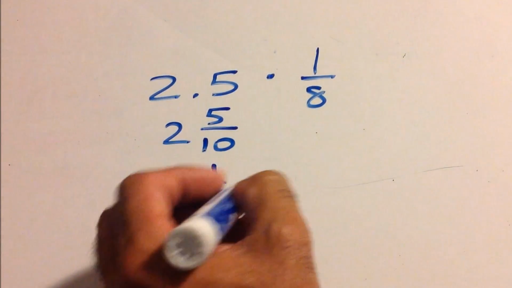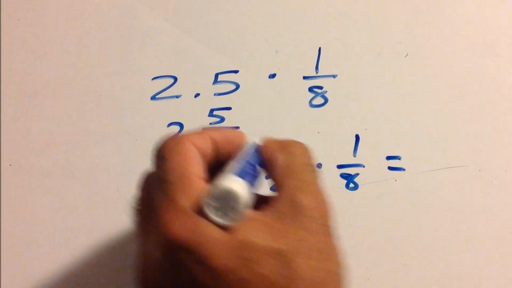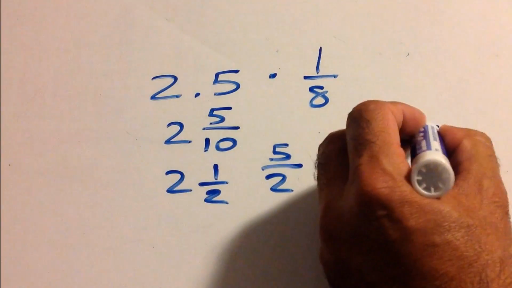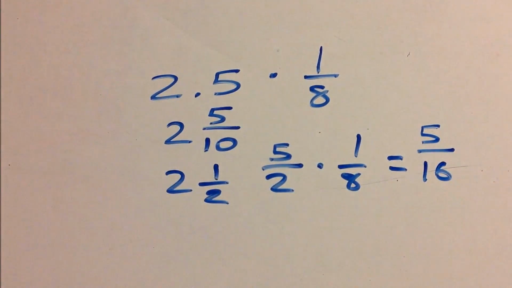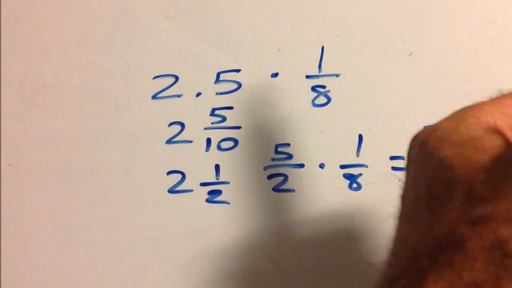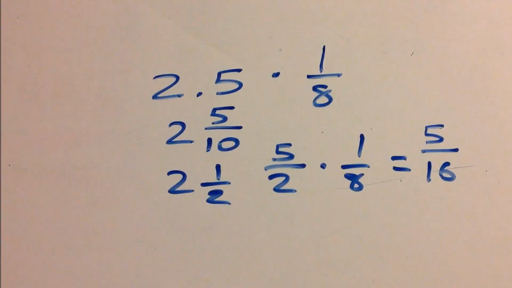So 2.5 is 5 over 2. So it's 5 over 2 times 1/8. And then what do we get? 5/16. So when you see decimals and fractions, remember, try to make them all one item, like all decimals or all fractions.